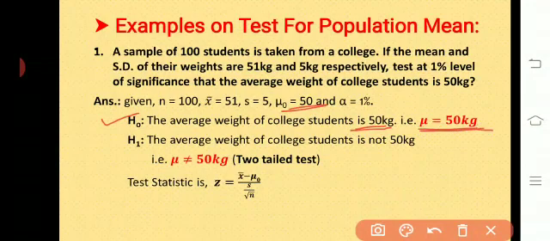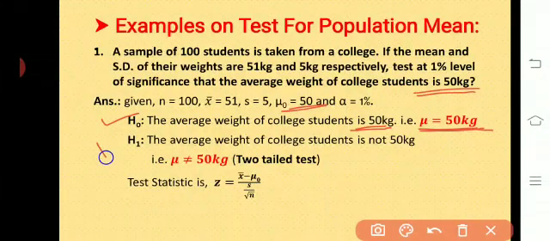Now we have to test whether the average weight of college student is 50 kilogram. They have not mentioned here whether it is less than 50 or greater than 50. It means in the alternative hypothesis we have to write it as not equal to.